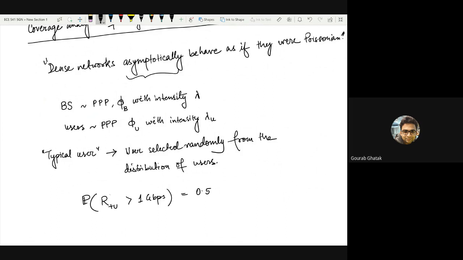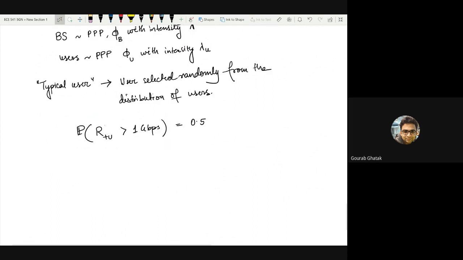Okay. For example, what does this mean? The probability that the typical user has a rate greater than 1 Gbps is equal to 0.5. It means that across all realizations, an individual user has a 50% chance of getting a rate greater than 1 Gbps.